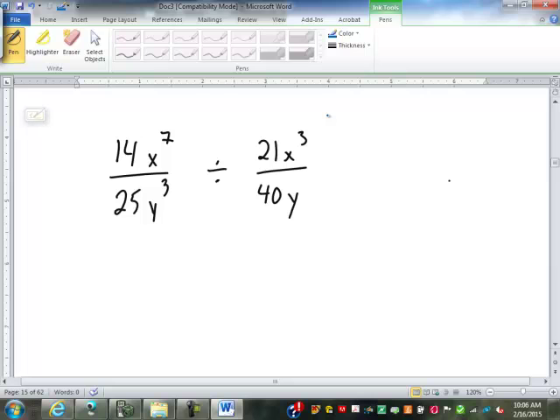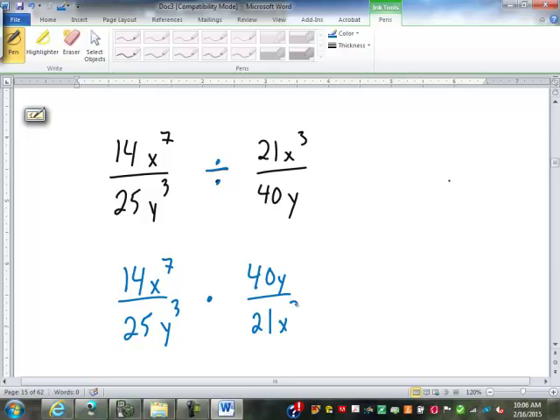It's division, not multiplication. Which means before we even start, we have to do what? Okay. First one does not change. First fraction stays the same. The second one's going to become times, and we're going to do the reciprocal of the second one. So 40y over 21x to the third.